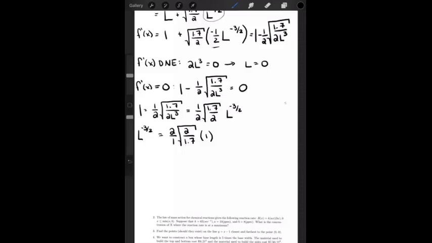And then to get rid of that 1/2, I'm going to square things. Yep. I'd like to get rid of that negative, so I'm going to flip everything over.